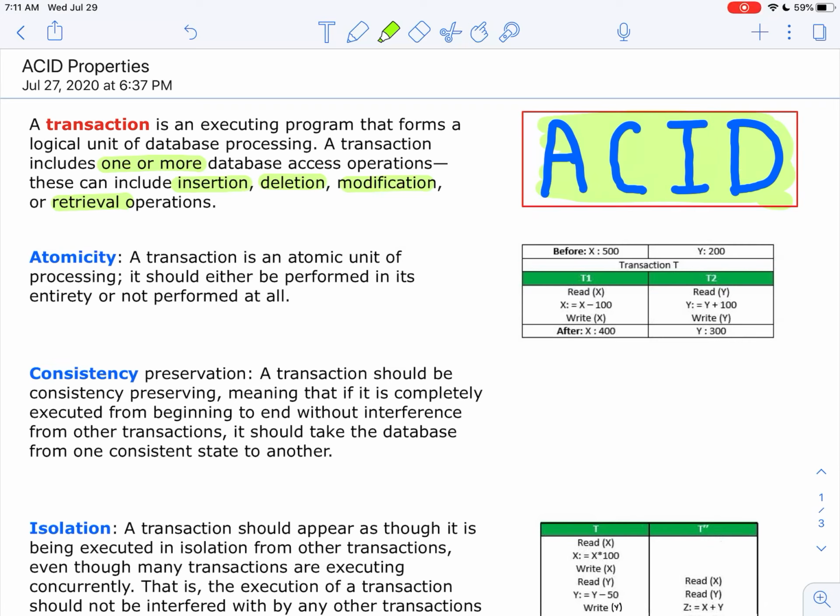Okay, so let us look at what the A stands for in ACID properties. A basically stands for atomicity. This means a transaction is an atomic unit of processing.